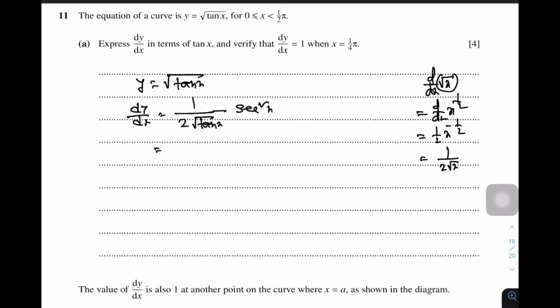So sec square x means, we know that 1 plus tan square theta equals to sec square theta. So we can write 1 plus tan square x over 2 root over tan x.